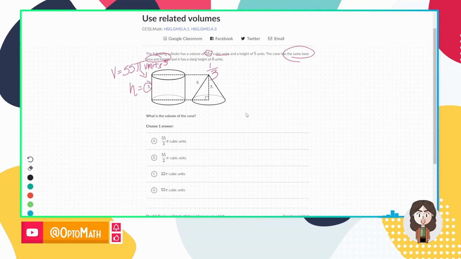If you would like to understand why this rule applies between a cylinder and cone, or let's say a square prism and a square pyramid of the same base area and height, you can check out some other videos I've created. So the volume of the cone is, all you have to do is 1/3 of the volume of the cylinder, which we already have. If you wanted to write it in terms of words that might help you, you can write volume of cylinder.